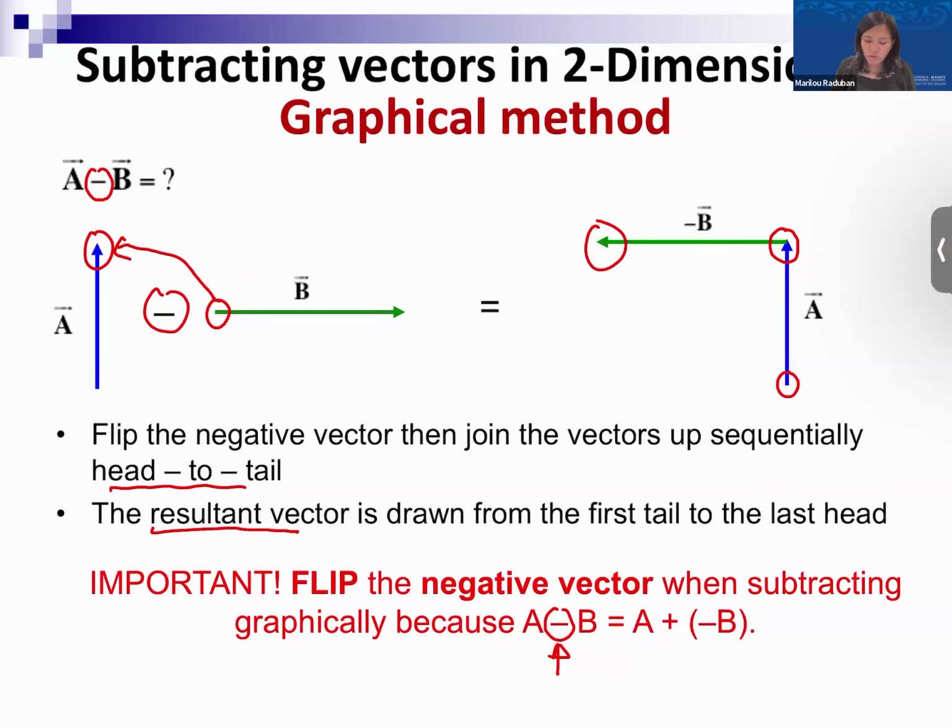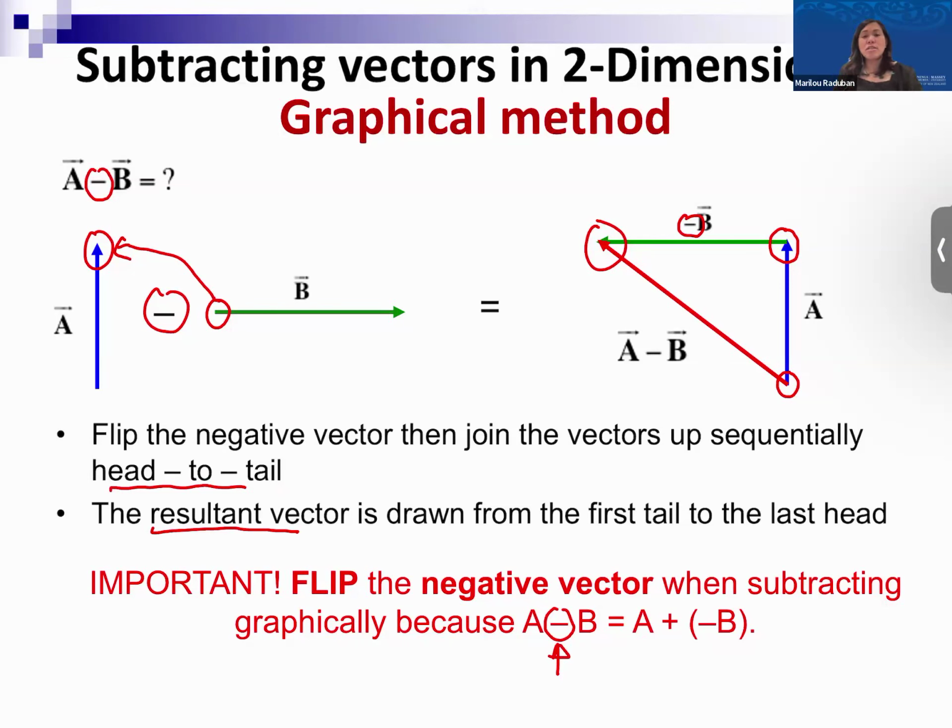It's because of the effect of this negative sign here, which essentially is this subtraction that you are doing. The resultant vector again goes from the tail of the first vector to the head of the last vector.